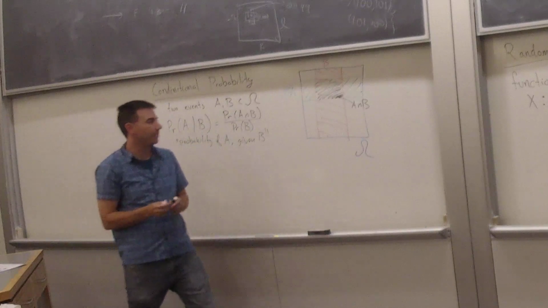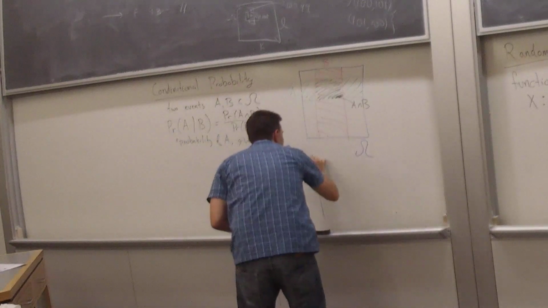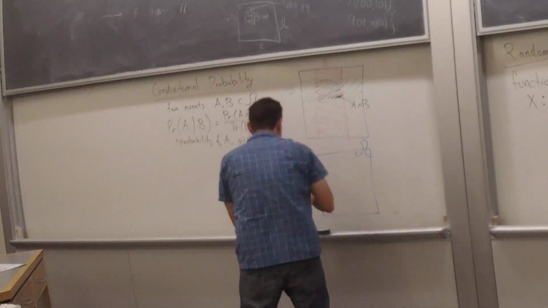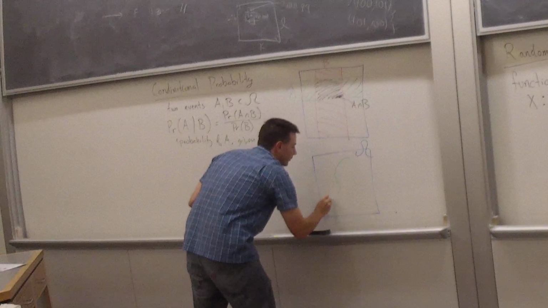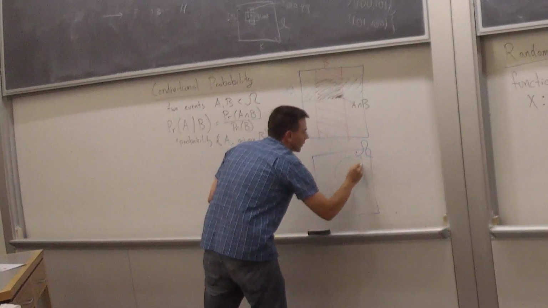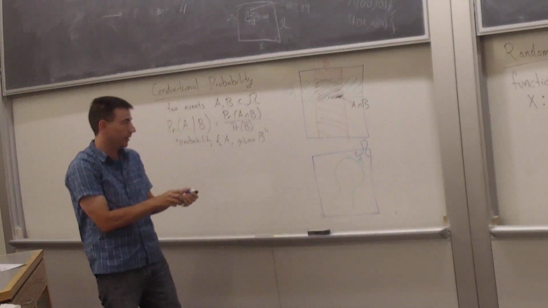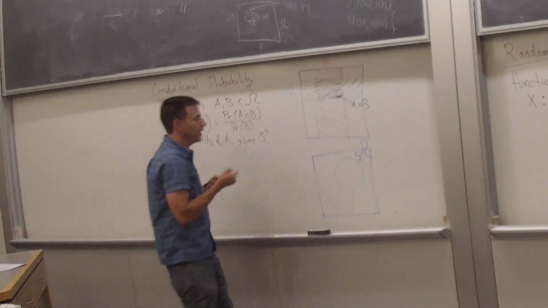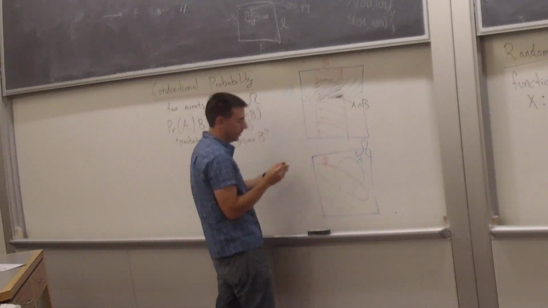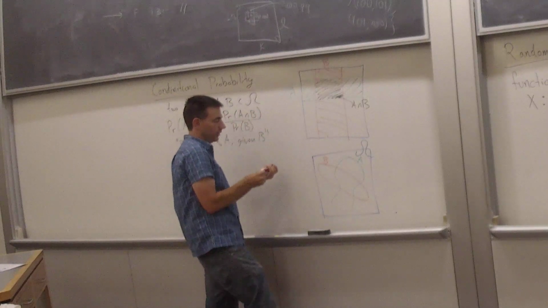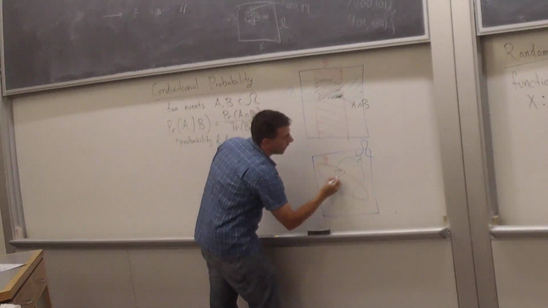Okay. Now it might not be as nice. It could be that my sample space looks like this, and like before, A is some weird region that looks like this, and then B is this other strange region here, and so then still I'm going to have this overlap.